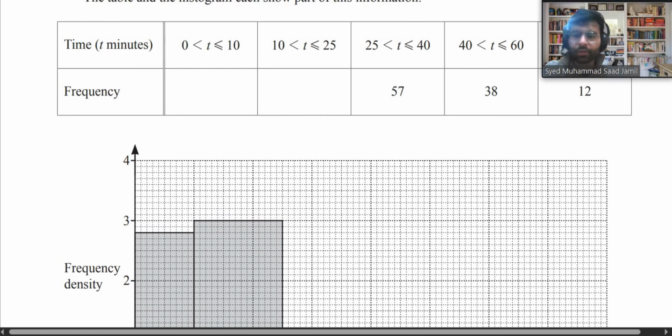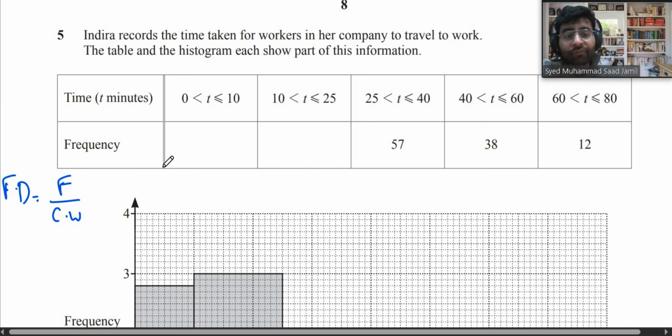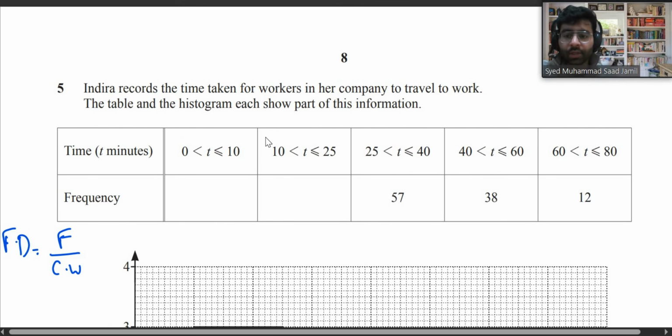So look, the formula for frequency density is frequency divided by class width. In our question we already have the frequency density, we have to find out frequency now. So frequency is basically frequency density multiplied by class width. Now what is class width?